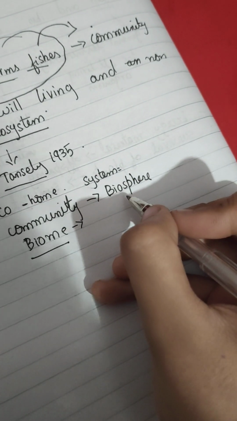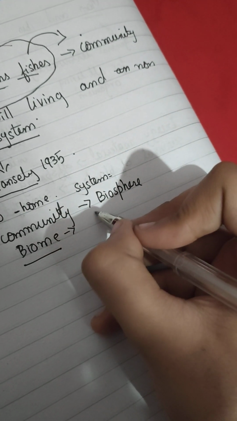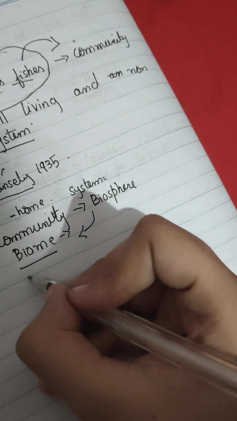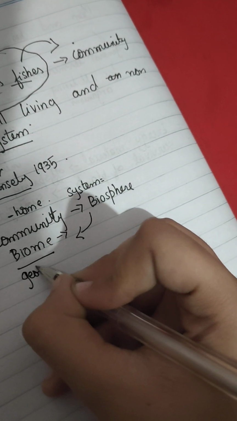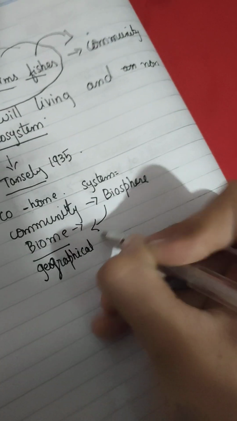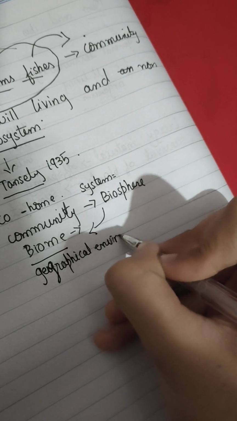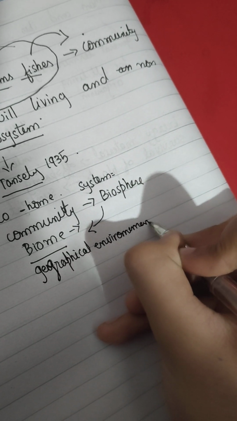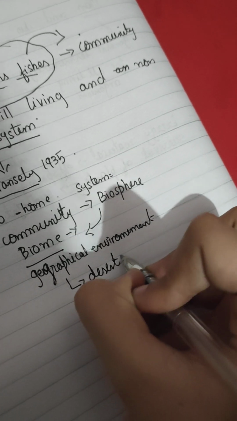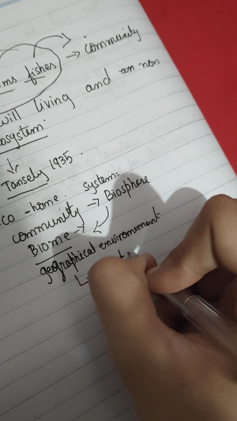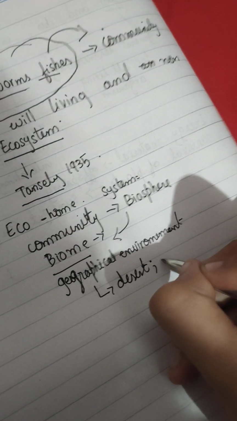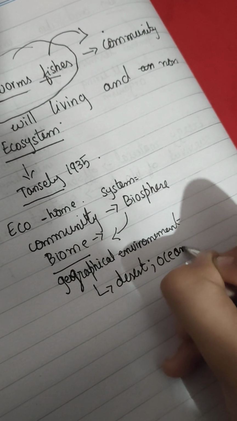What is a biome? A biome is basically a subdivision of the biosphere that explains the geographical environment, a specific area, for example desert or ocean.